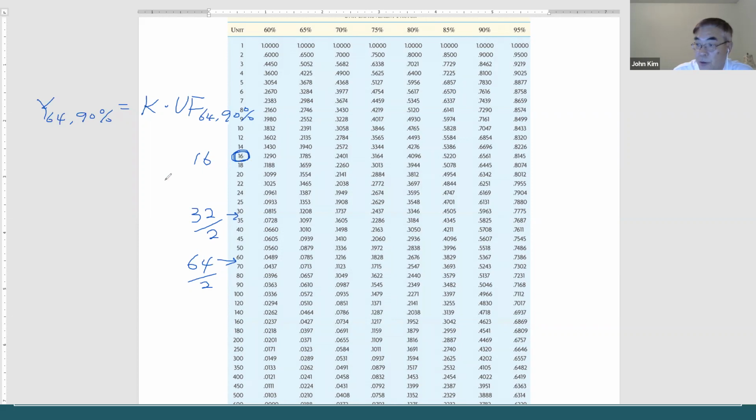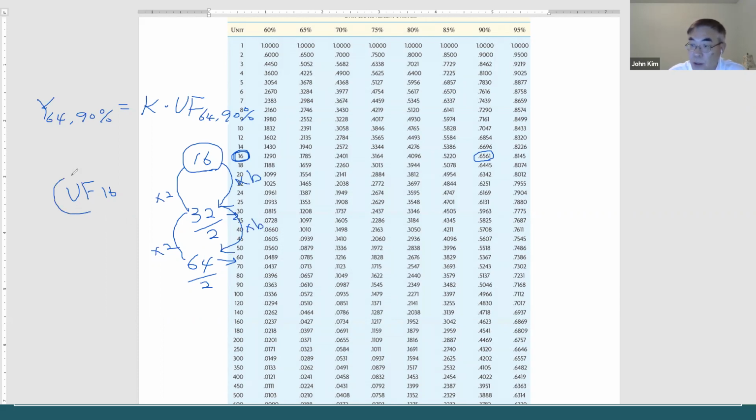If we find unit factor 16, use that, it is this one. Then from 16 to 32 times 2, and 32 to 64 is times 2. So from 16 to 32, we need times b. Then from 32 to 64 times b again.